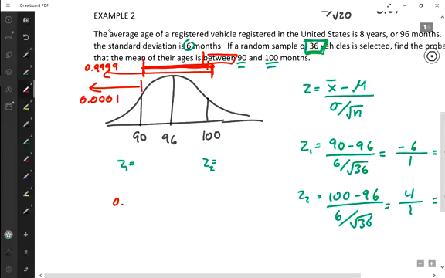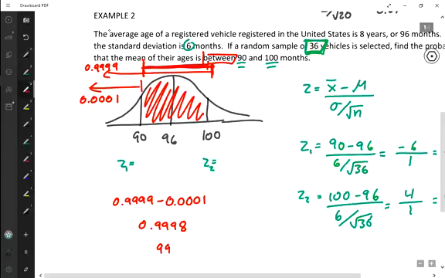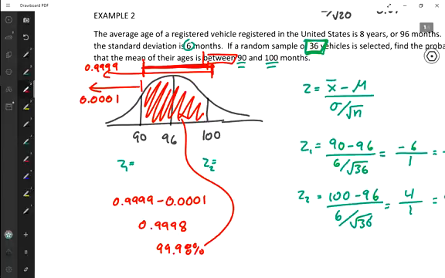So what is the area between those two? It's 0.9999 minus 0.0001. Doing that math, you end up with 0.9998. That's all this area right here. So there's a 99.98% chance that if you randomly select 36 vehicles, their average age is between 90 and 100 months old.